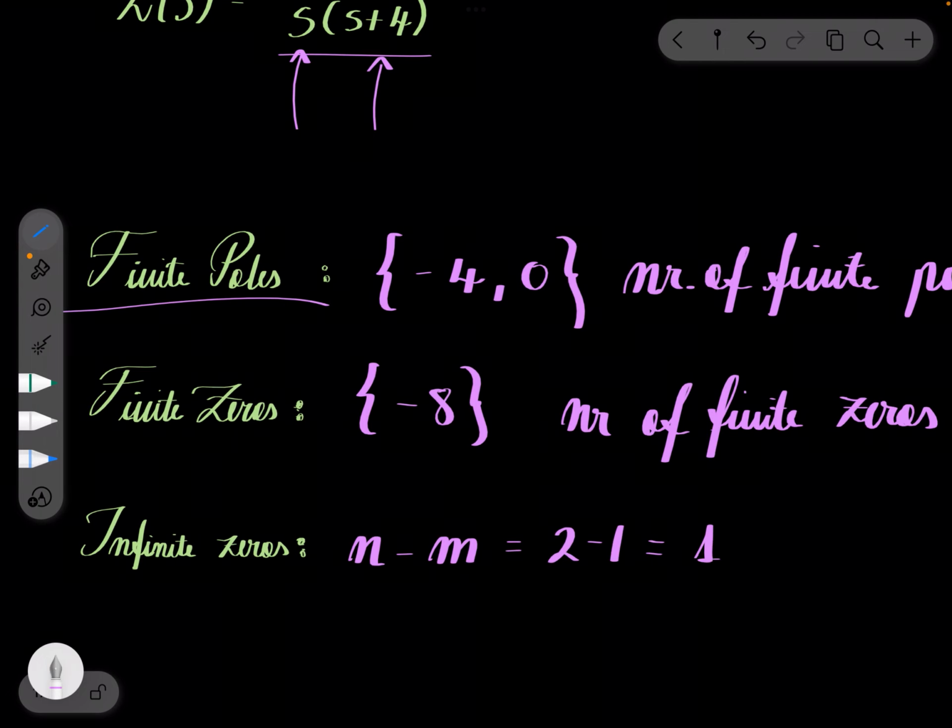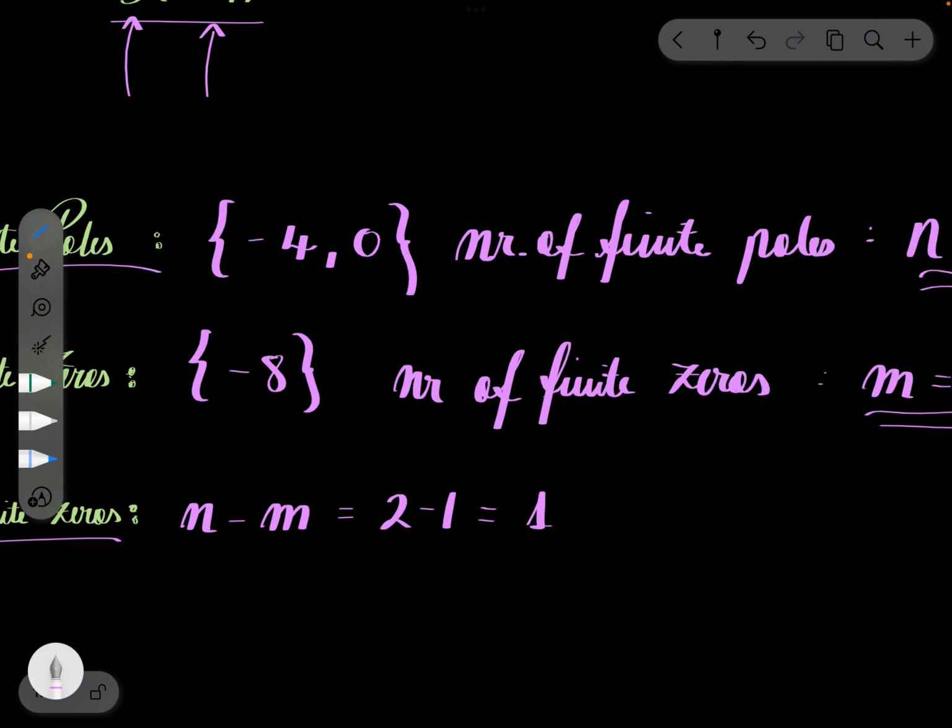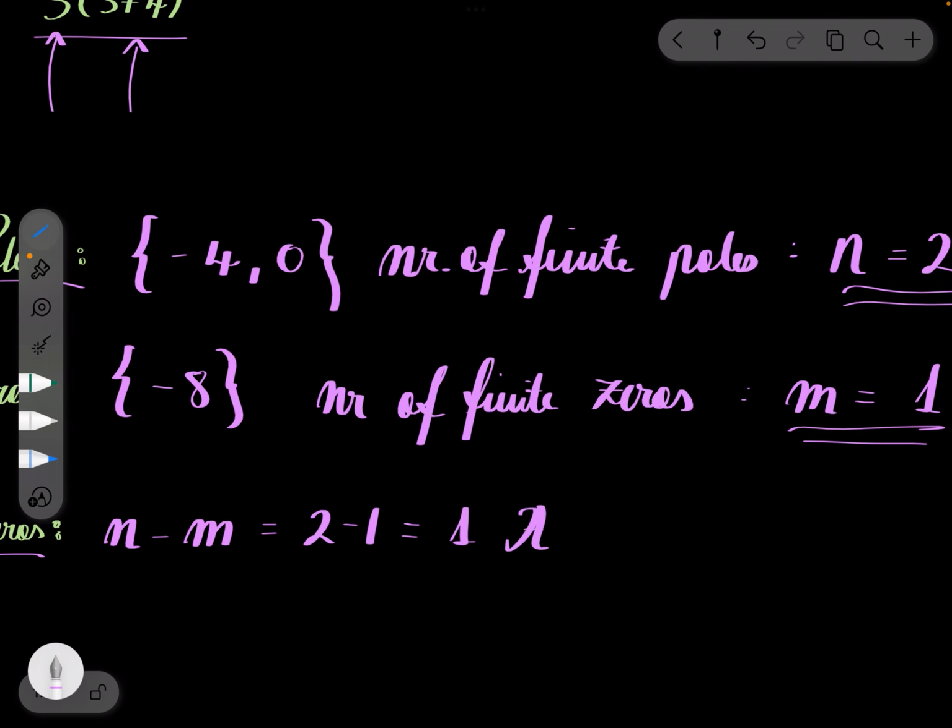So just 2 minus 1, so we have 1 infinite zero. This means 1 asymptote. And since asymptotes are going to be symmetric to the real axis, this asymptote is going to be at 180 degrees.